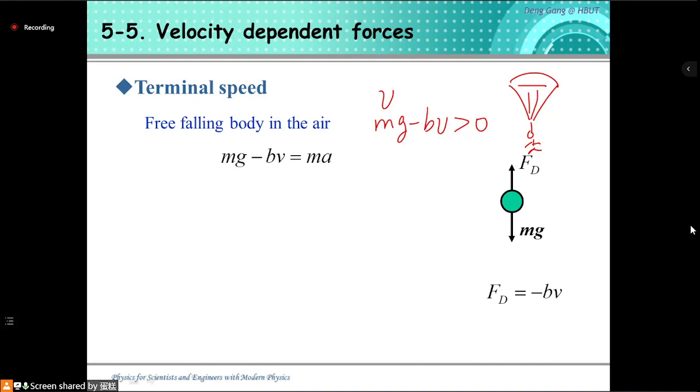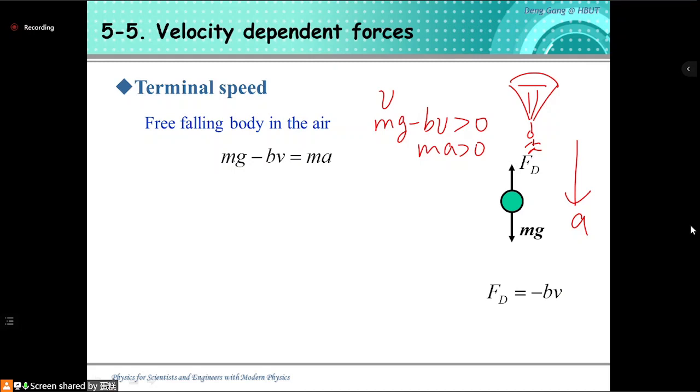That means ma is positive and a is in this direction. So this force will accelerate the object. It will be falling faster and faster, right?